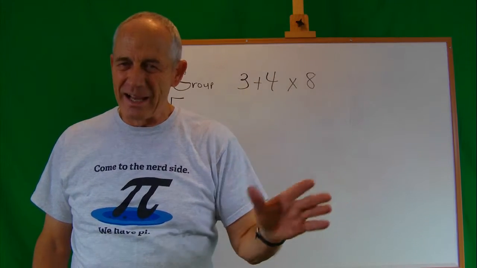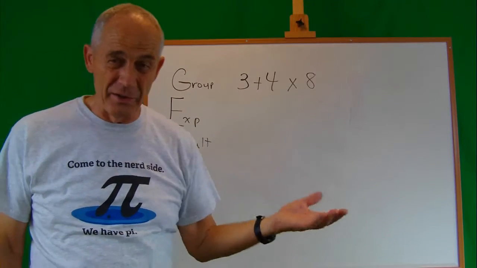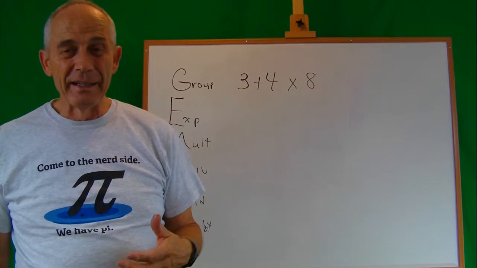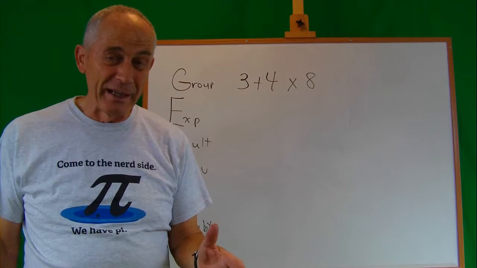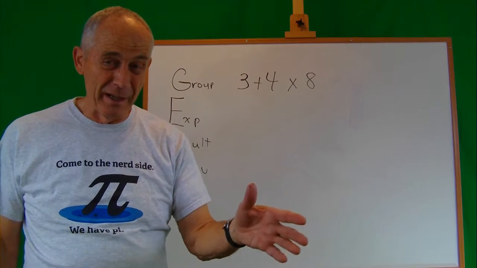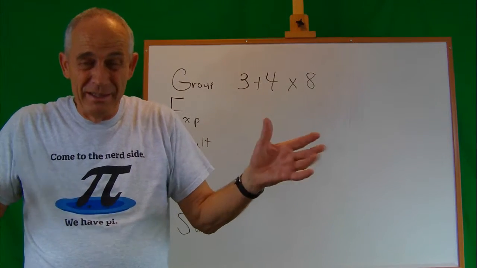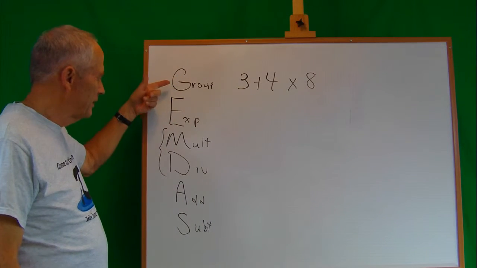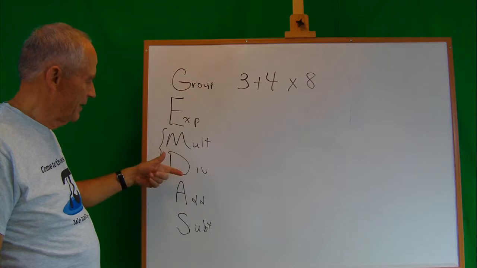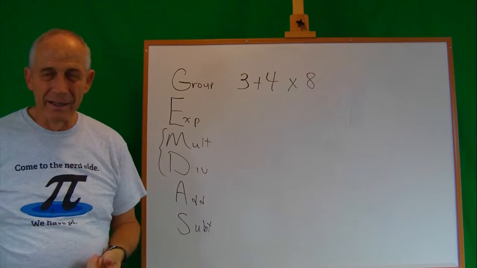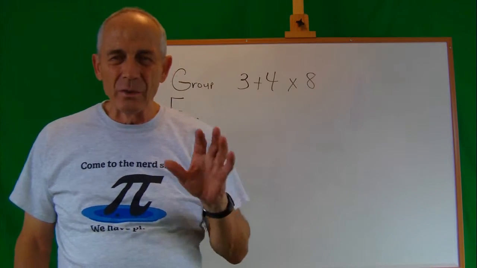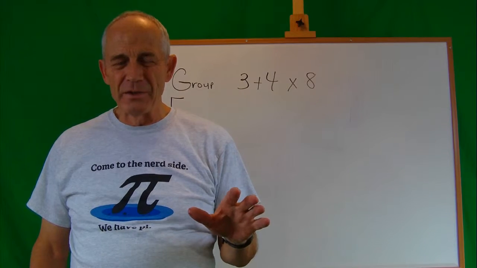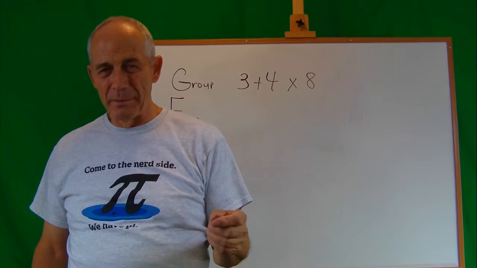I kept Aunt Sally still in the picture, but now Greta is exhuming her. And you know what that means, when you dig up a dead body. It's kind of gross, but it's one of those things that help you remember. So, grouping symbols, exponents, multiplication, division, adding, and subtracting. That is the order that we do operations in math in any given problem.